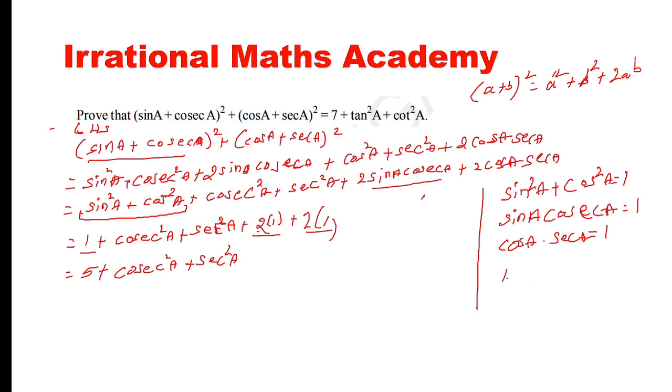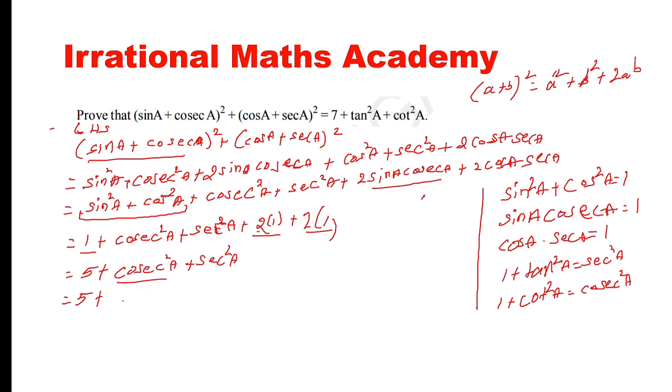So 1 plus tan square A is equal to secant square A, and 1 plus cot square A is equal to cosecant square A. So here, 5 plus cosecant square, right?